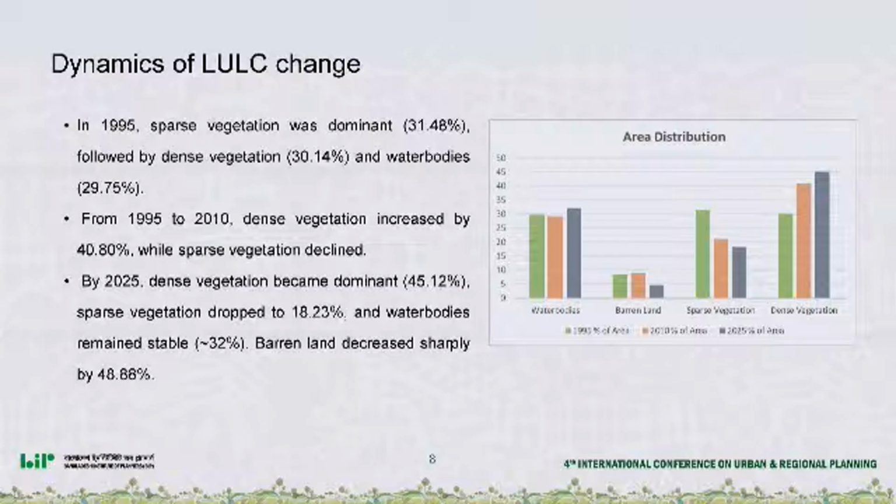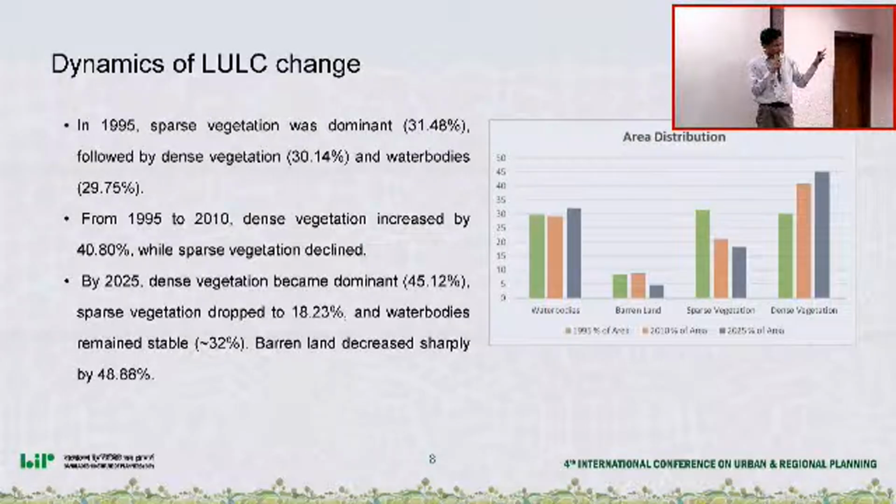From 1995 to 2010, dense vegetation increased by 40%, but sparse vegetation declined. In 2025, dense vegetation kept increasing, but also the sparse vegetation kept declining, resulting in 18% at the end. The water bodies remained stable throughout, but saw a slight increase at the end of our study.